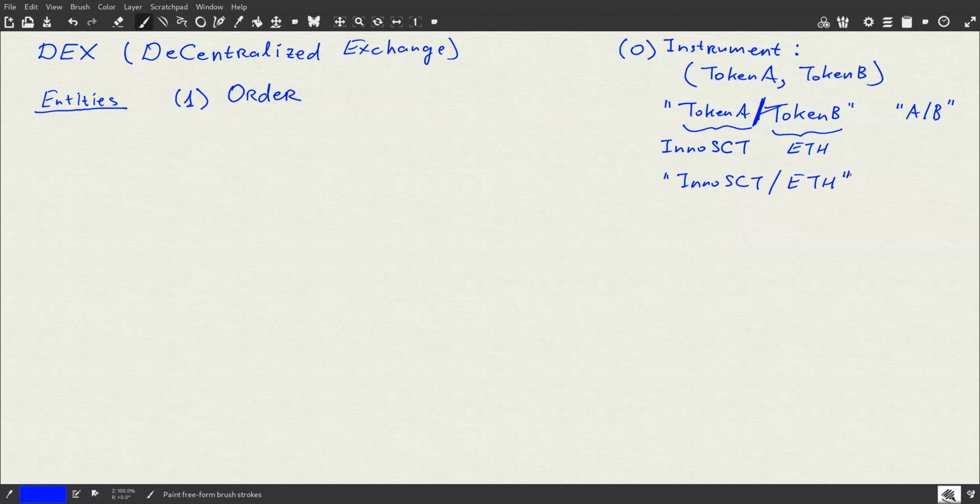Then the designation of our instruments. Usually, if there is one less liquid coin and there is a more liquid coin, obviously, SCT is probably less liquid as yet compared to Ethereum.